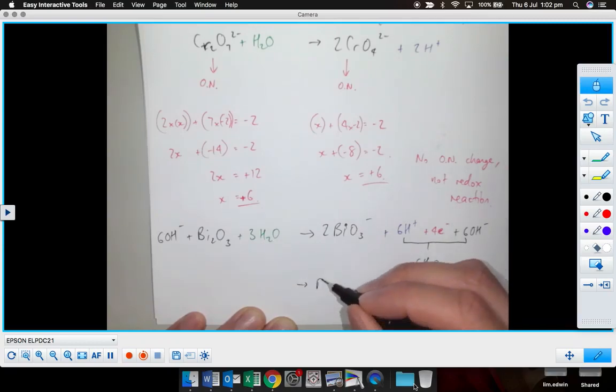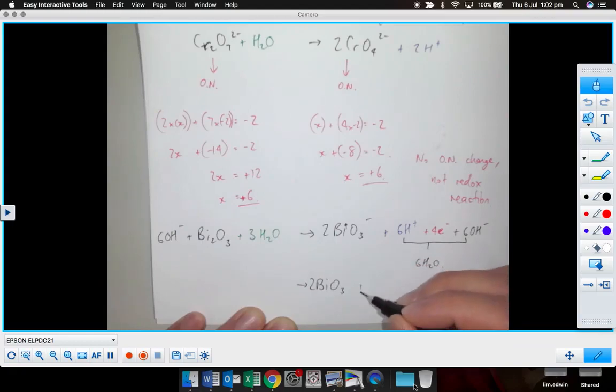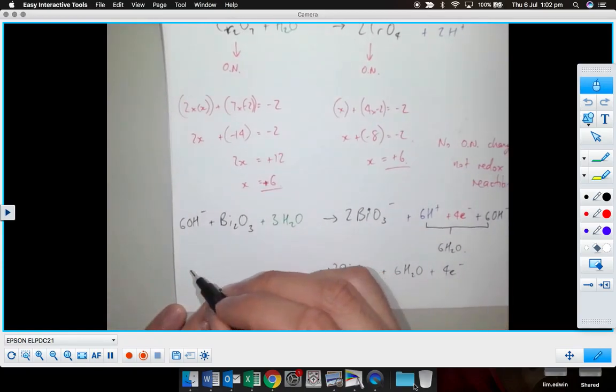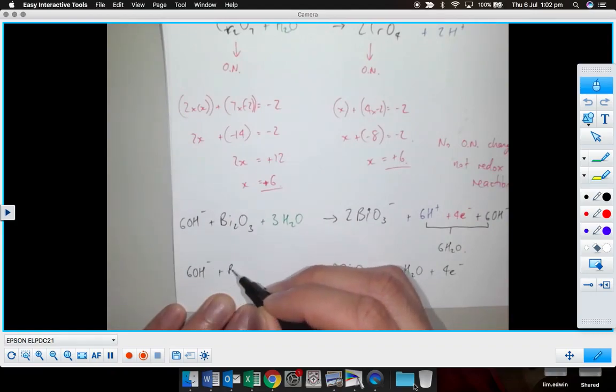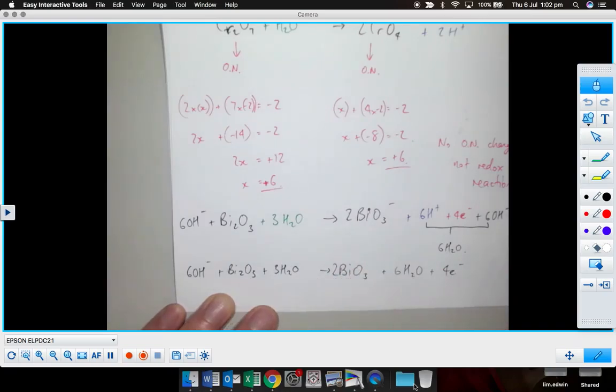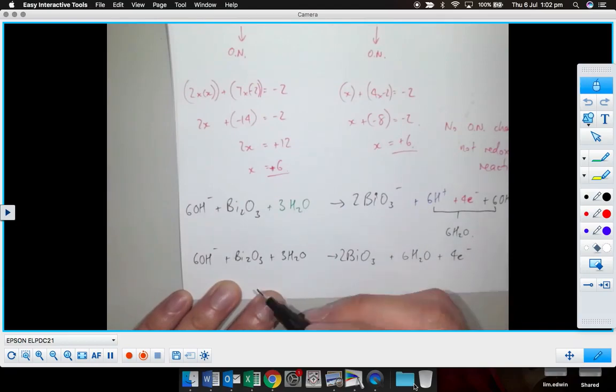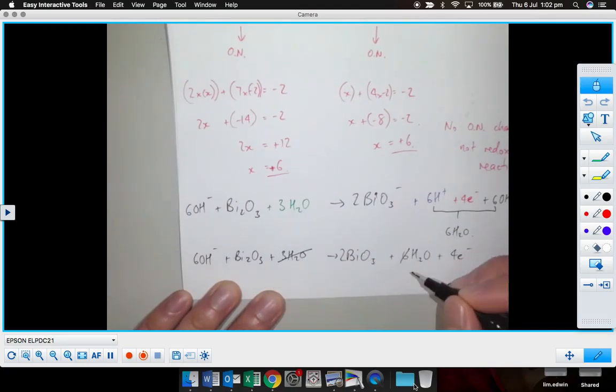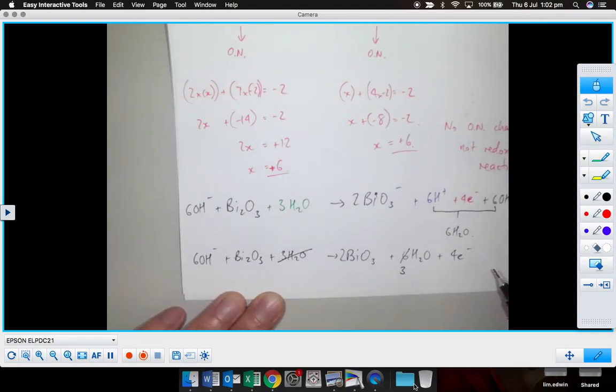So this really ends up as 2BiO3- plus 6 waters plus 4 electrons on this side, and it equals 6 OH- plus Bi2O3 plus 3H2O. Now you'll notice that we can cancel out some of these, so we cancel out 3 of them and end up with 3 waters. That's how you would do it in alkaline conditions: 6 OH- here, and the Bi2O3 then goes to 2BiO3- plus 3 waters plus 4 electrons.